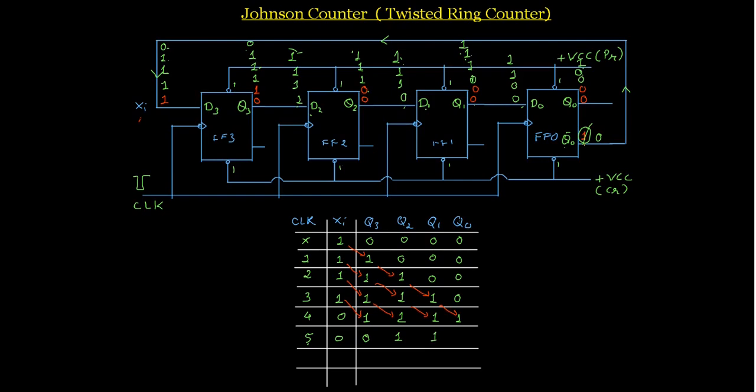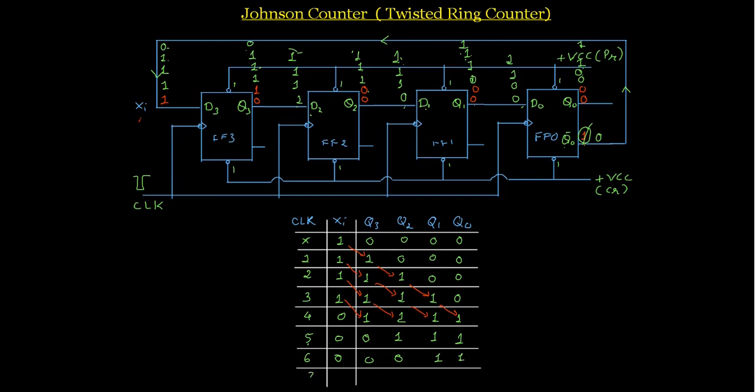The D0 input is 1, and it is transferred to Q0, and it will be 1. So these are the different outputs after the end of the fifth negative edge of the clock pulse. In the same way, if we apply the sixth negative edge, then this will be 0, 0, 0. Here you have 1, 1.